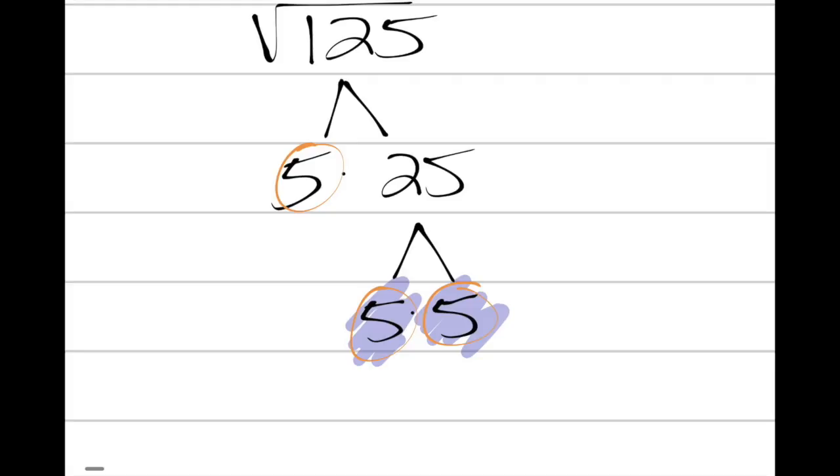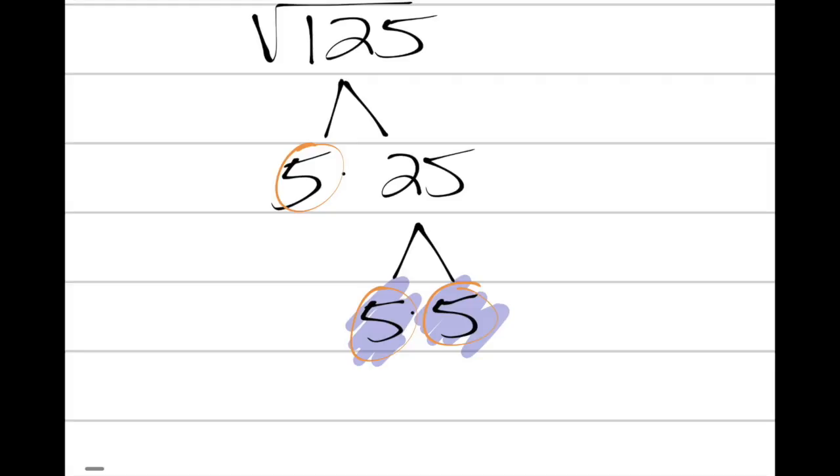Now I need to see if I have any pairs. Remember, I need a pair in order for that to represent one number outside of the square root. So in this case, I have 2 5's. I will highlight that pair of 5's because it represents square, meaning 2. So that will represent one number on the outside of the square root.